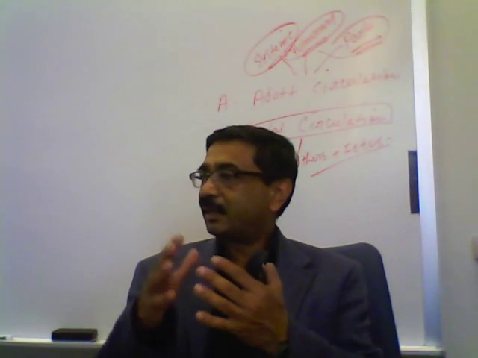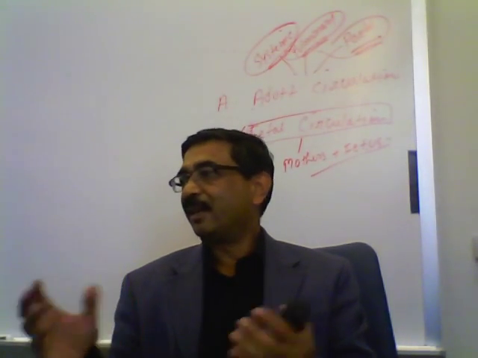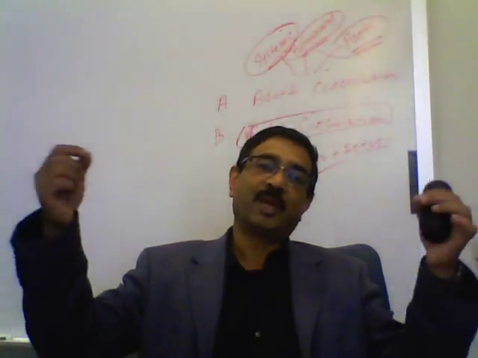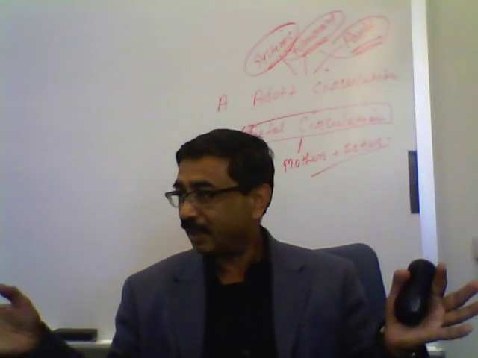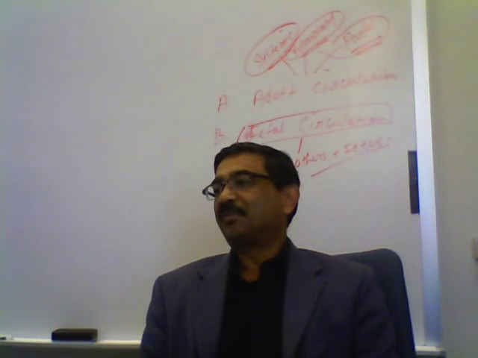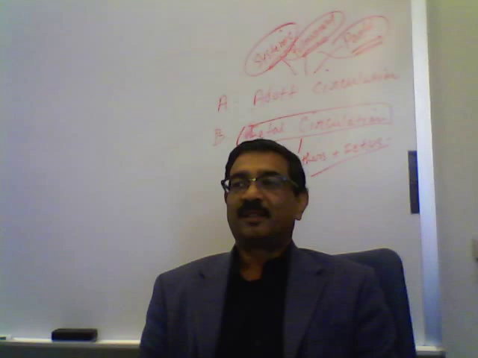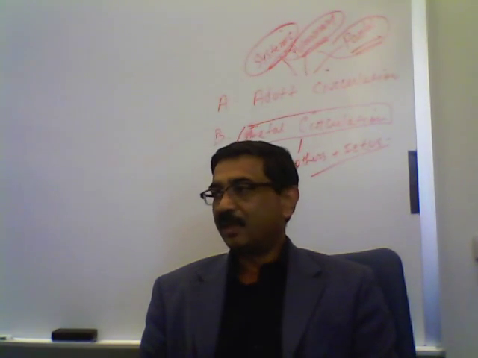Any blood vessel that takes blood away from the heart, that's the artery. Make sense? And any blood vessel that brings the blood towards the heart, that is the vein. Make sense? So artery and vein take the blood in opposite directions. One is away from the heart, another is towards the heart.